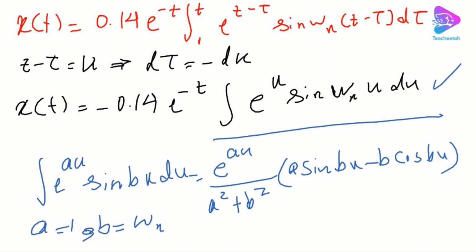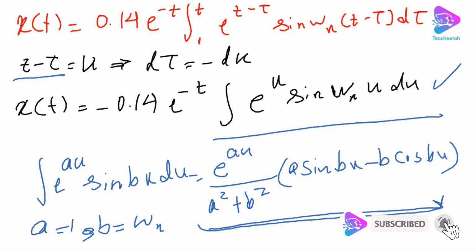So now we want to apply all these definitions and further simplify the integral. What I'm going to do now is use this equation and replace a by 1, b by ωn, and then switch u to t-τ, because we want to find everything based on that.